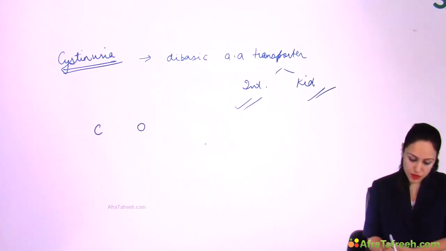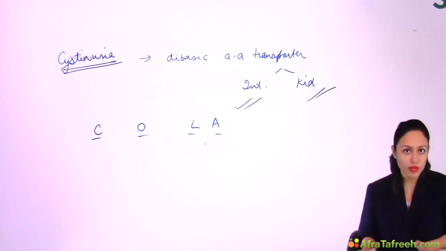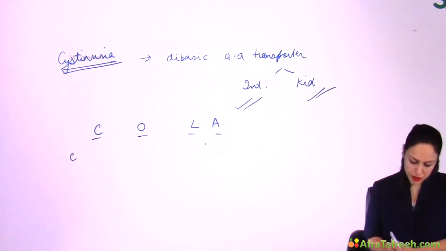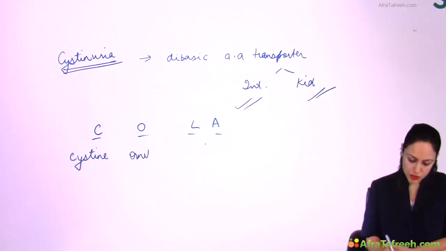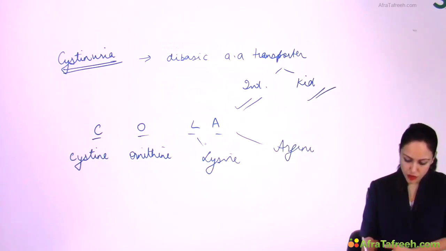These amino acids, you know, COLA, C-O-L-A, these 4 amino acids are coming in urine. C stands for cystine. See, I have not written cysteine, I have written cystine, because in the urine cystine will be there. O stands for ornithine, L stands for lysine, A stands for arginine.